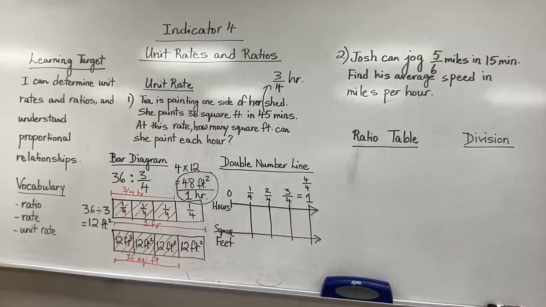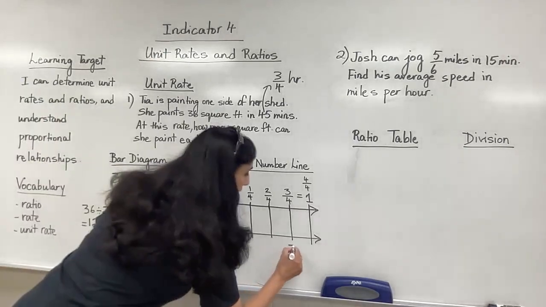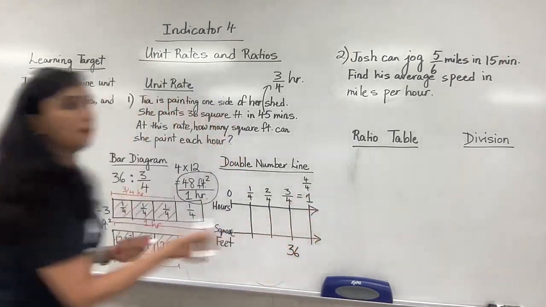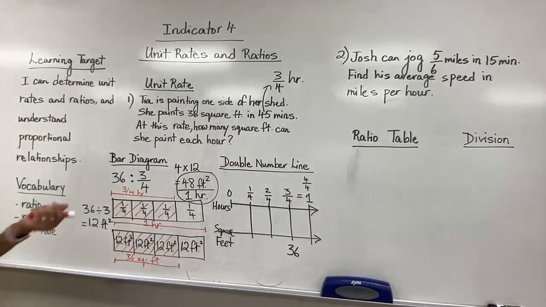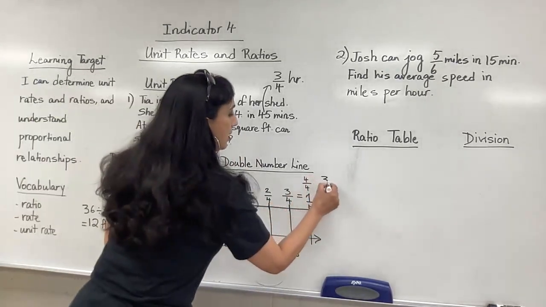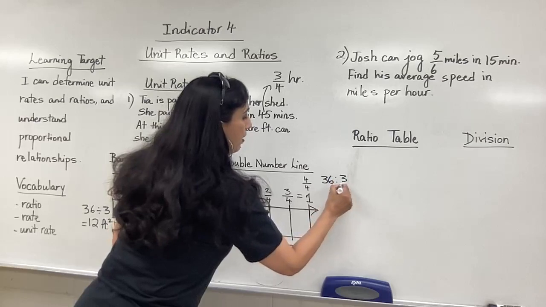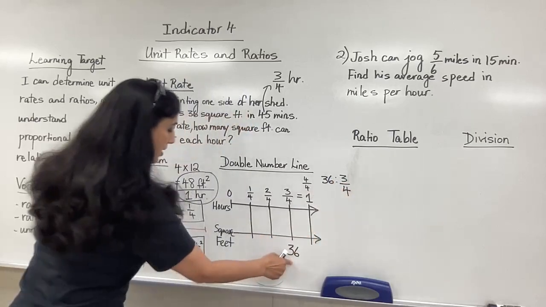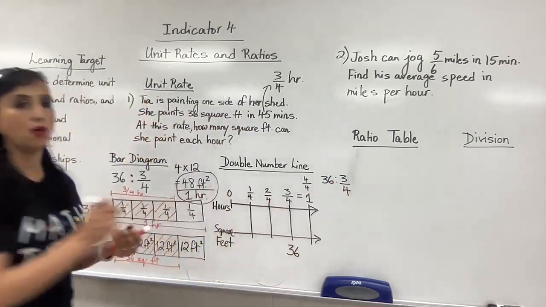And we know that at the bottom line, 3/4 is equal to what? The ratio is how much? 36, right? So we are trying to model this: 36 is to 3/4. So 36 square feet is to 3/4.